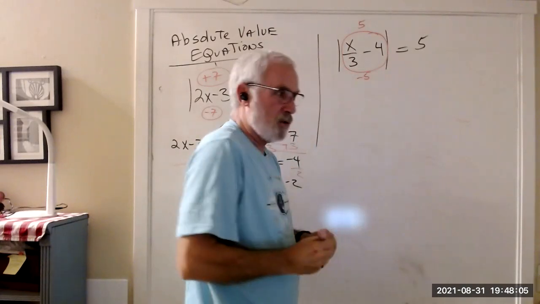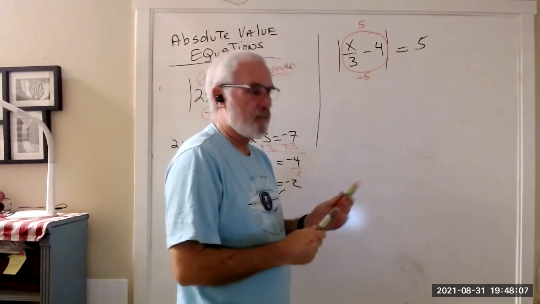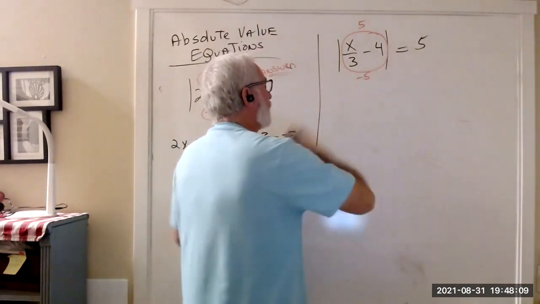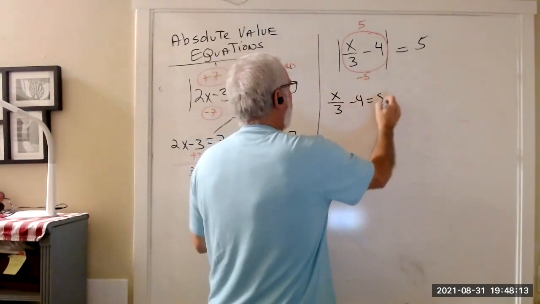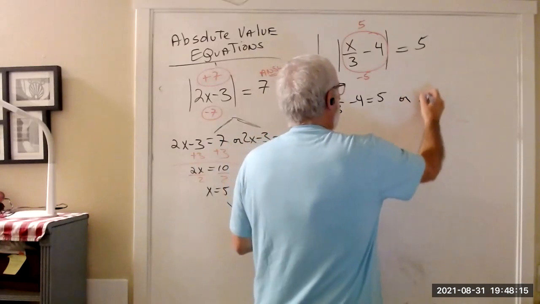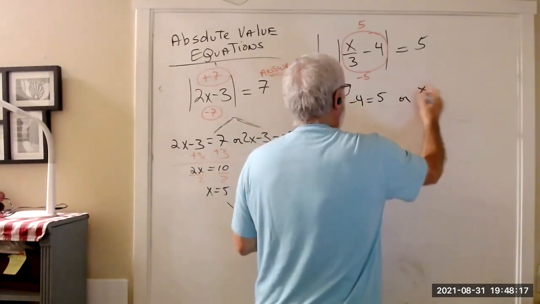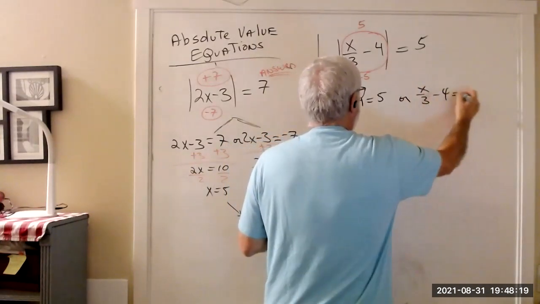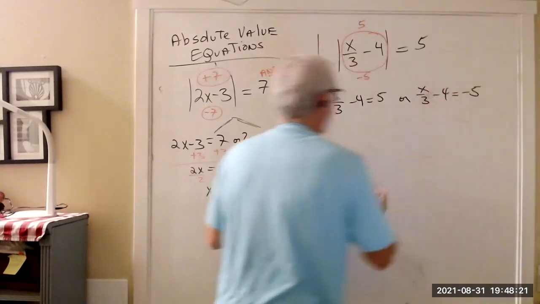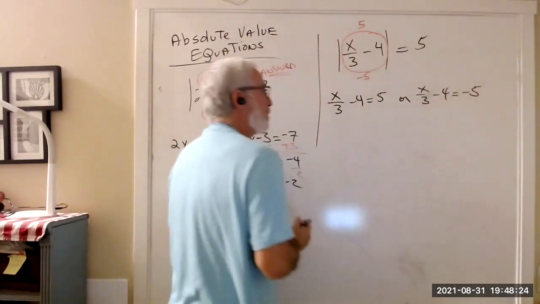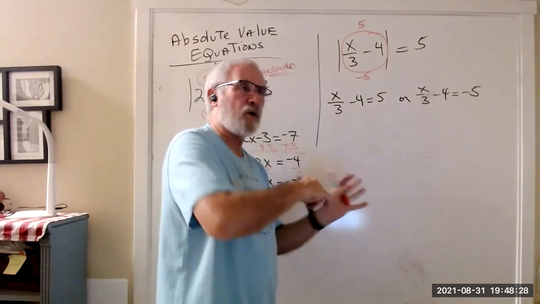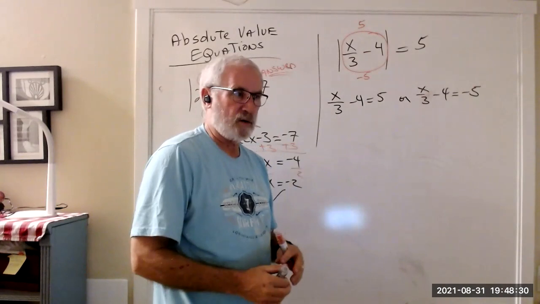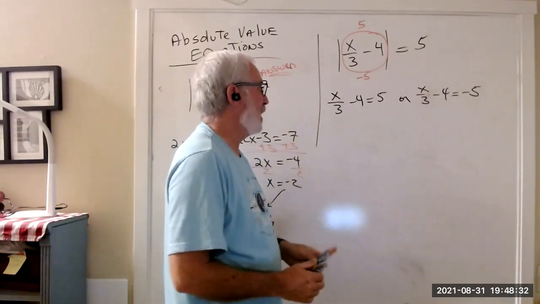We don't know. So we have to try both possibilities. So because of that, we say x/3 - 4 = 5, or x/3 - 4 could have been worth negative 5. Okay, that's the first key step. Any screw up there, the rest of your work is a waste. So that's the key step.